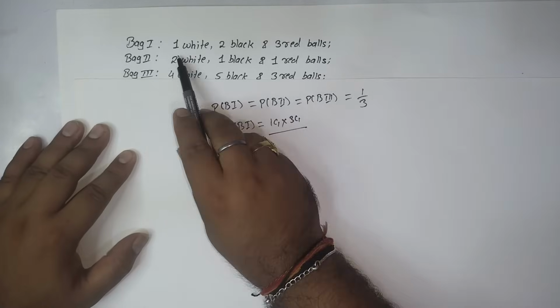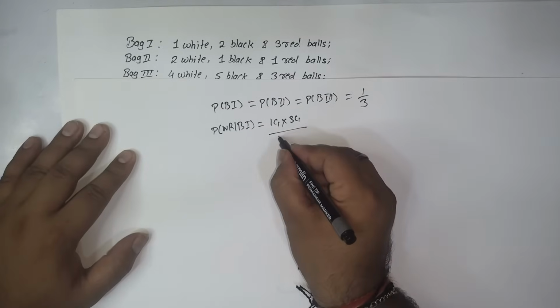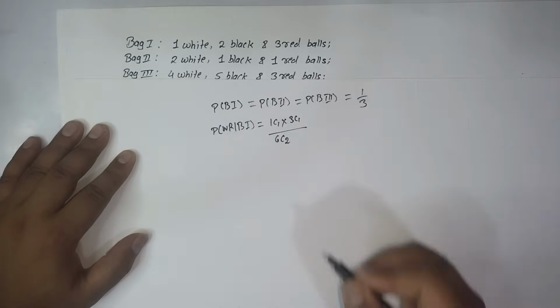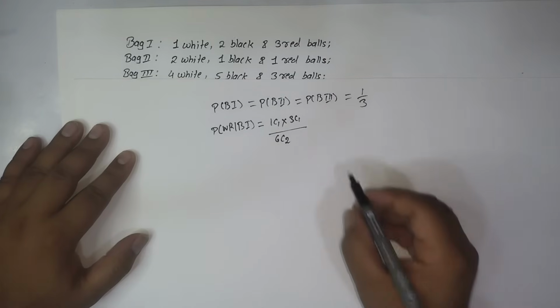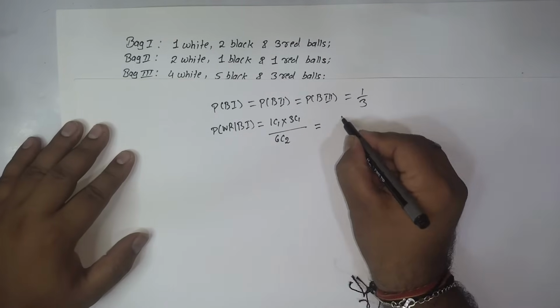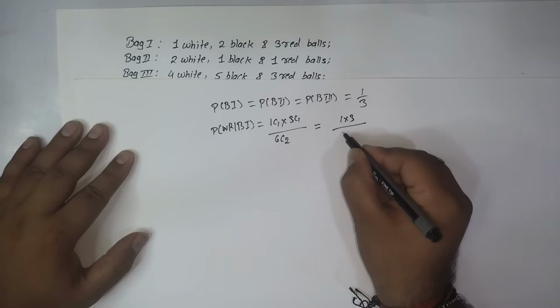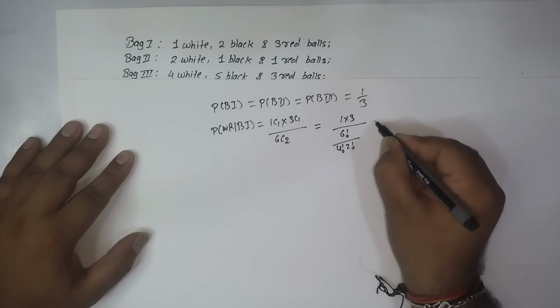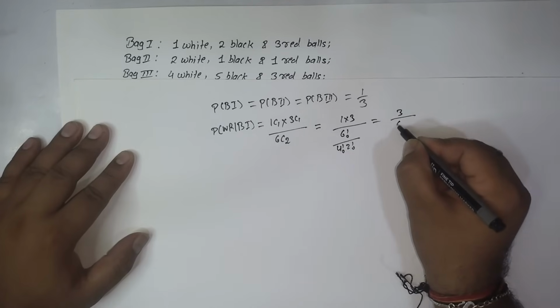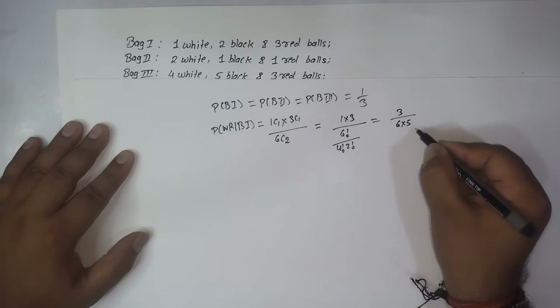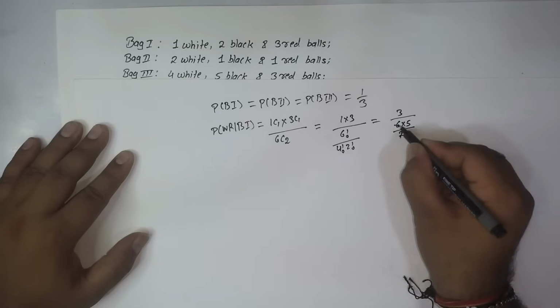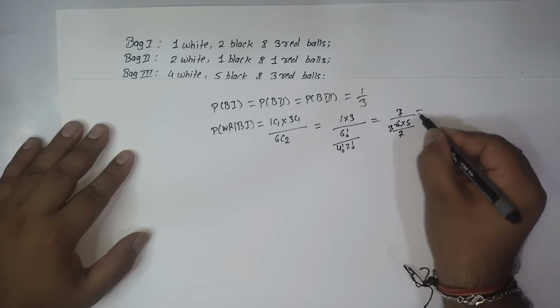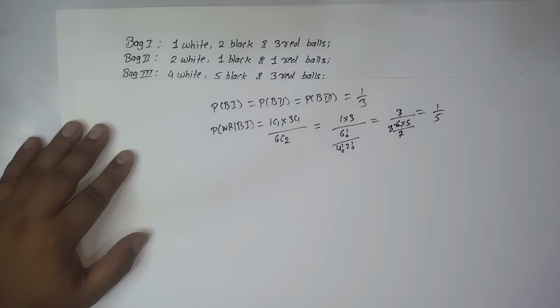There are total 1 plus 2, 3 plus 3, 6 balls. Out of 6, 2 balls can be drawn in 6C2 ways. So this is 1 into 3, 6 factorial divided by 4 factorial into 2 factorial. So 3, 6 into 5. So it is 1 by 5. So the probability of white and red under bag 1 is 1 by 5.